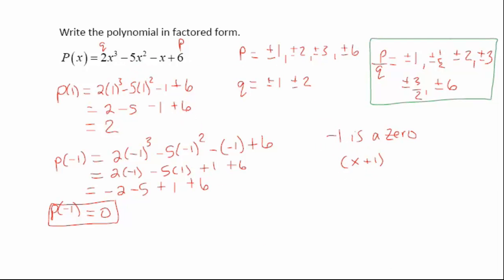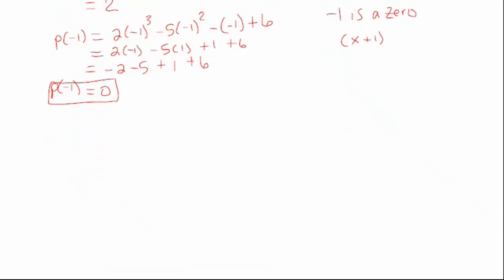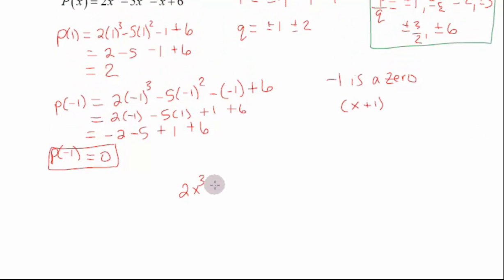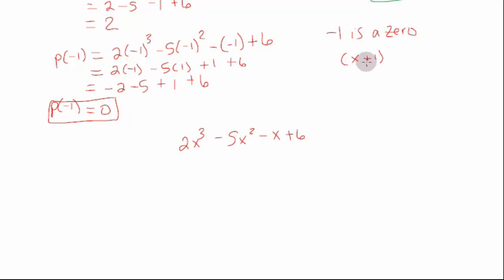Okay, so let's scroll down a little bit. The polynomial is 2x cubed minus 5x squared minus x plus 6. And what we want to do is divide out x plus 1. You can use longhand division or synthetic. I'm going to use synthetic. Put the coefficients 2, negative 5, negative 1, and 6.